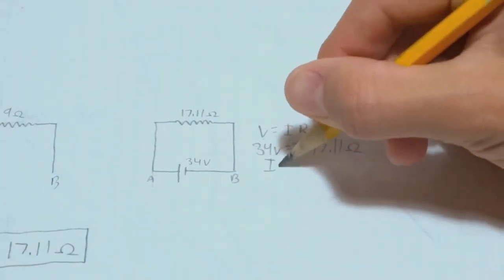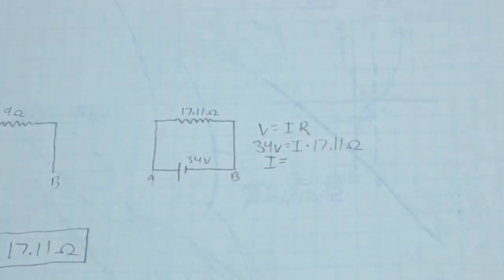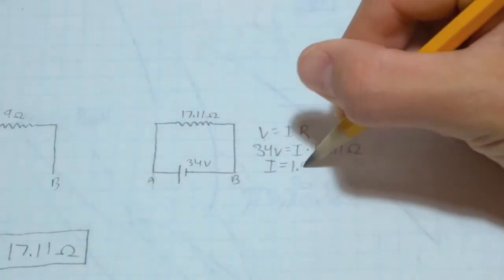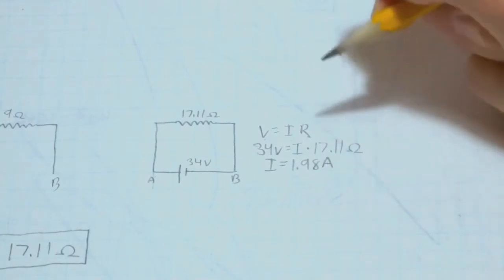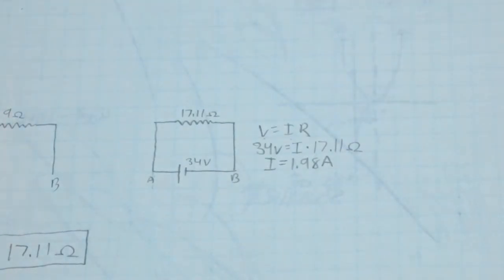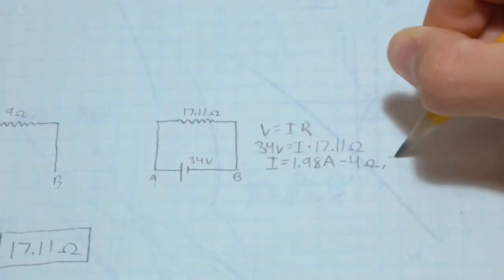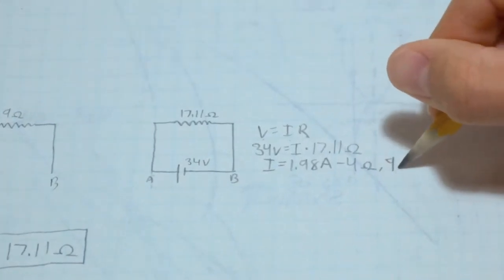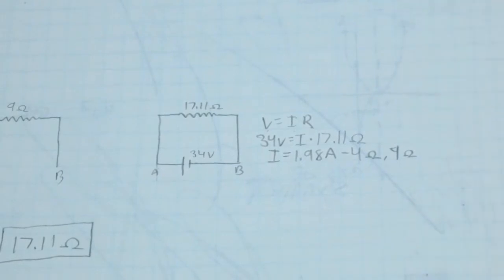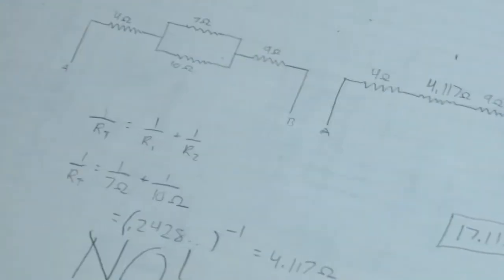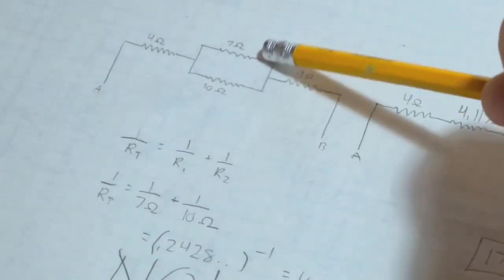Doing this math, the number of amps is 1.98 amps. That is only for the 4 ohm resistor and the 9 ohm resistor. Well, now that's part of part B, but we still have to solve for that parallel section right there.